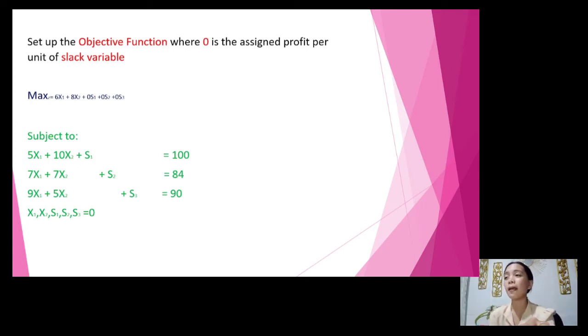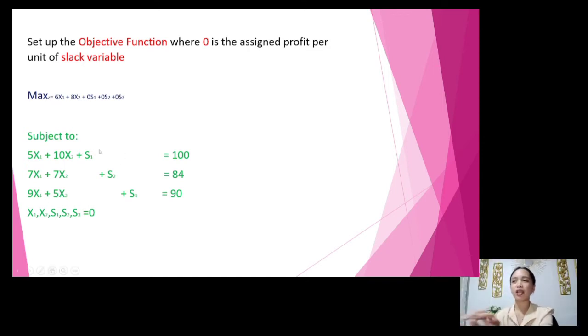So max Z equals 6x sub 1 plus 8x sub 2 plus 0s sub 1 plus 0s sub 2 plus 0s sub 3, subject to 5x sub 1 plus 10x sub 2 plus s sub 1 equals 100, 7x sub 1 plus 7x sub 2 plus s sub 2 equals 84, and 9x sub 1 plus 5x sub 2 plus s sub 3 equals 90.